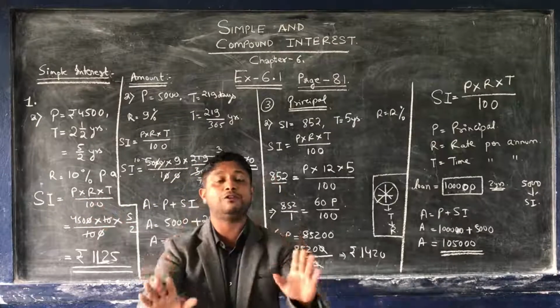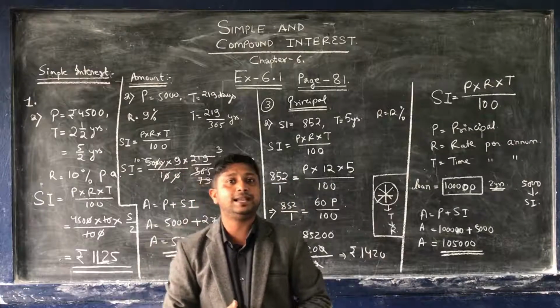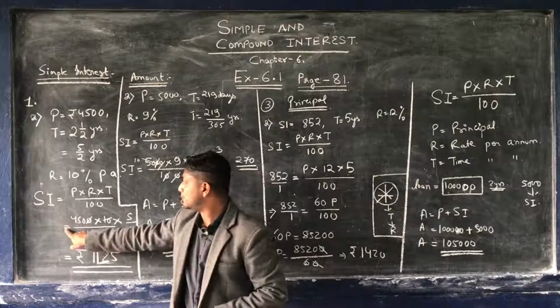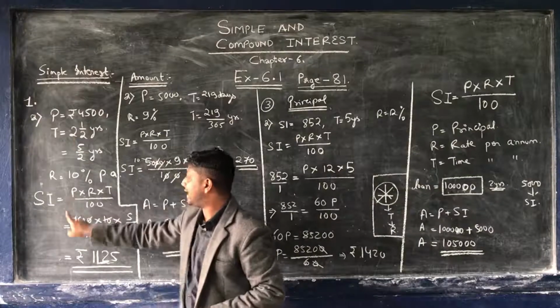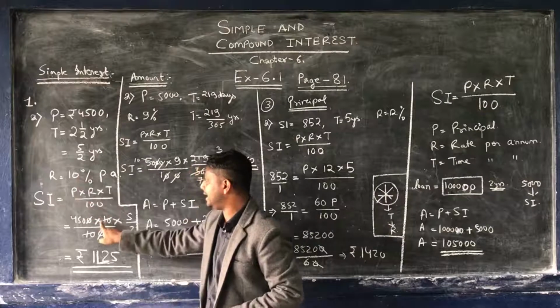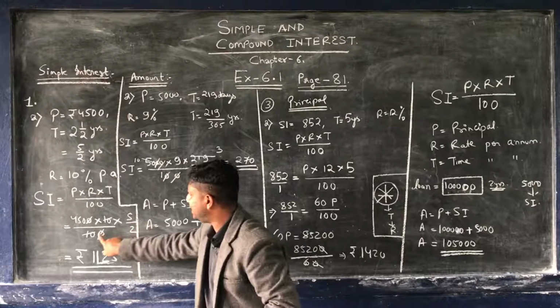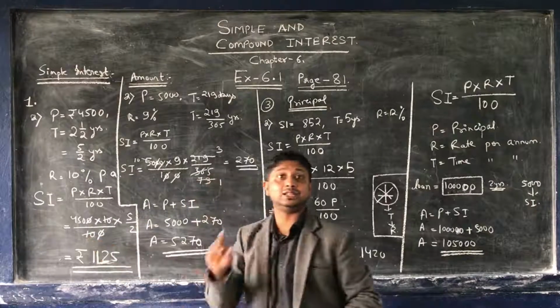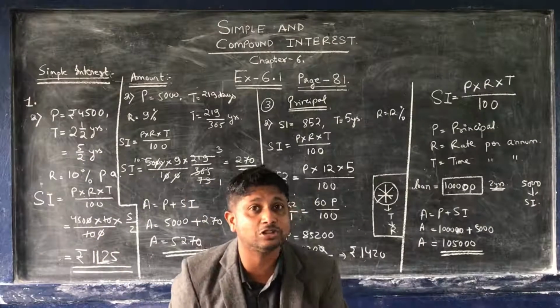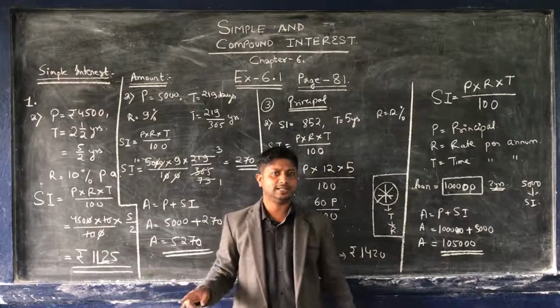This is the only formula you are going to use in this exercise. Now simple interest equals principal 4,500 into rate 10 into time 5 by 2 divided by 100. Since 2 is also a denominator, 100 is also a denominator, do it this way. It will be easier for you to understand.